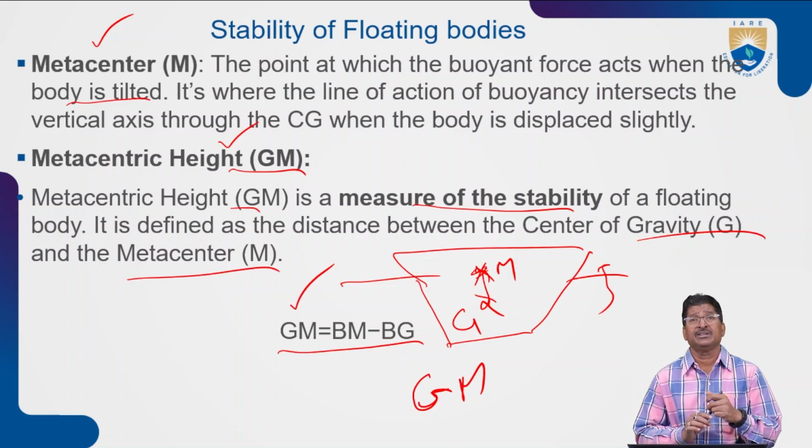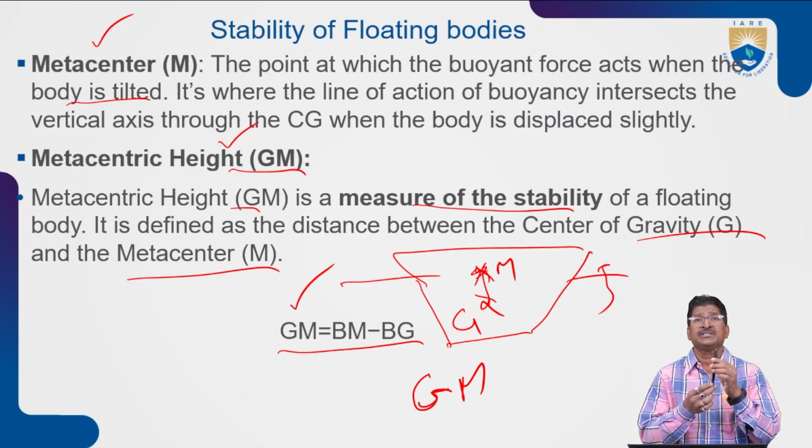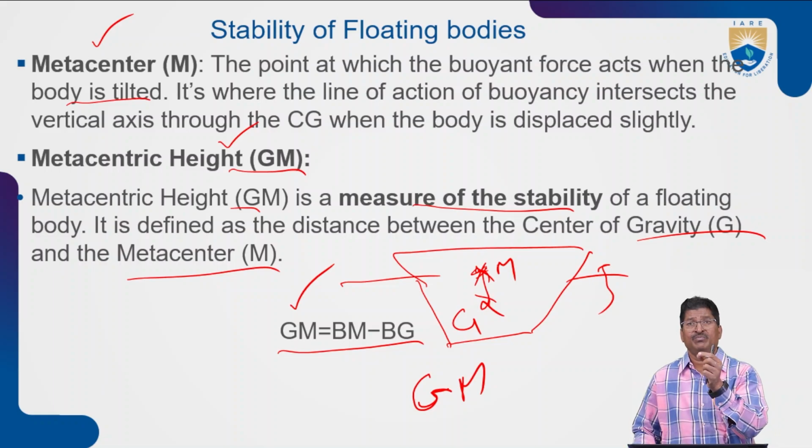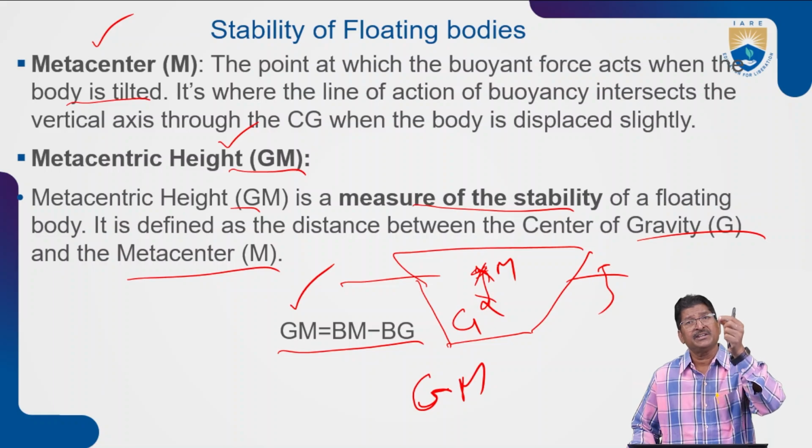It can also be written as GM is equal to BM minus BG. The metacentric height is nothing but the metacentric point minus the center of buoyancy to center of gravity, that means B to M and B to G. That means the buoyancy to metacenter distance minus the buoyancy to center of gravity distance.